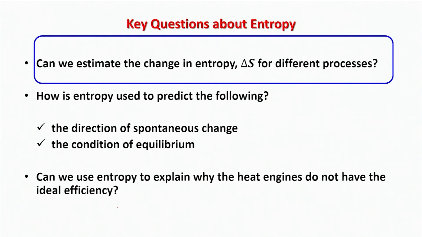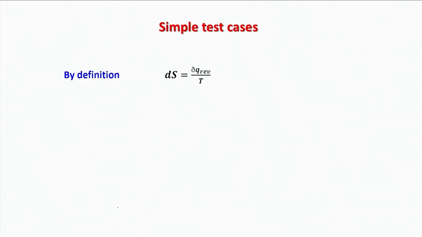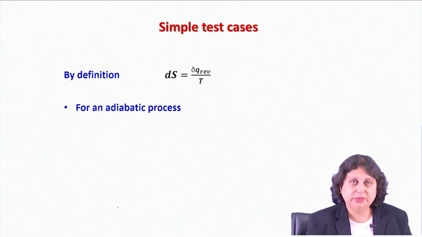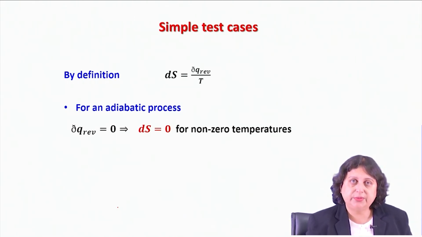So let us first focus on the estimation of delta S for different processes. To keep things simple, I will be assuming 1 mole of the substance in the rest of the examples that I show you here. By definition, once again, dS is equal to dQ reversible by T. Now if I have an adiabatic process, by definition, dQ reversible is equal to 0.